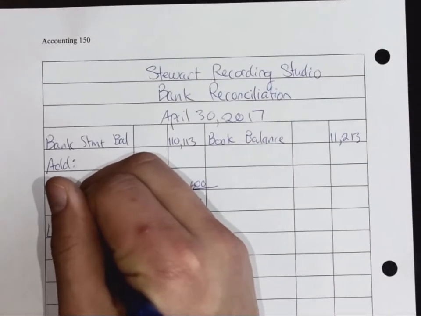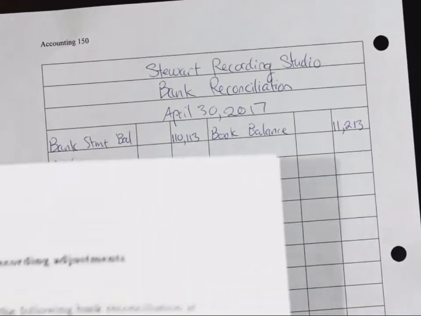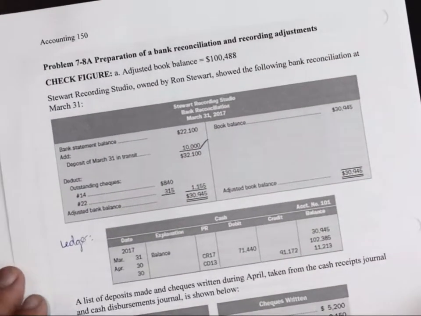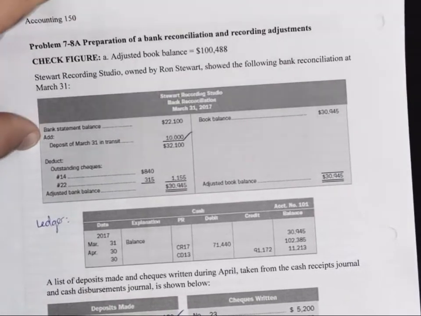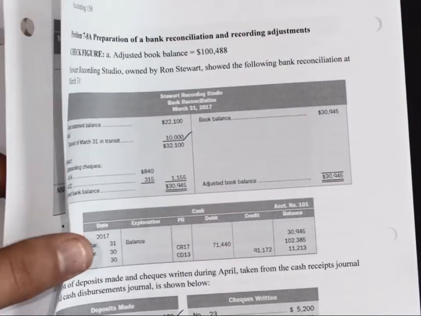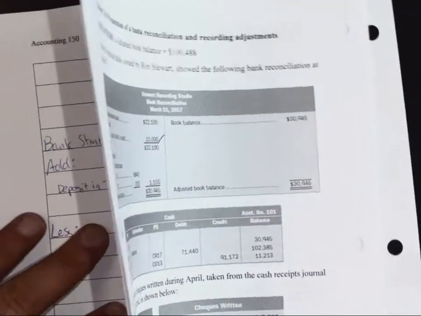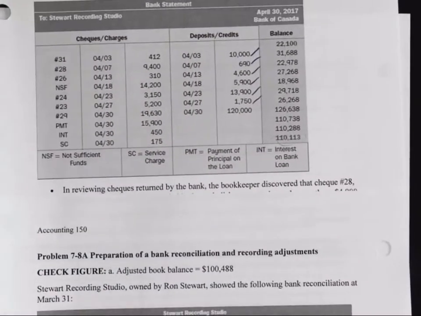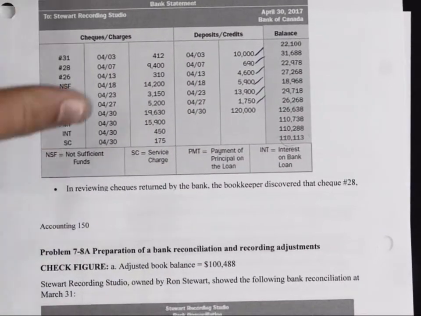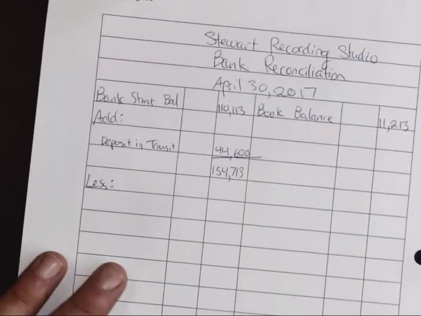So let's see if there are any outstanding checks, which I'm sure there will be. Starting with our oldest check, which is check number 14. Is check 14 on the bank? Nope. Okay, so let's go ahead and add it. I'm just going to put in a little line here.